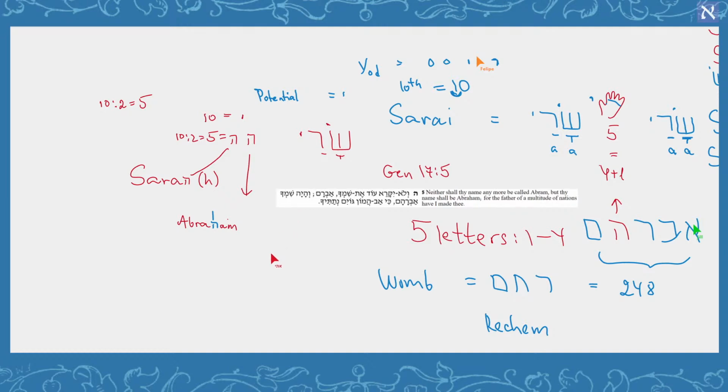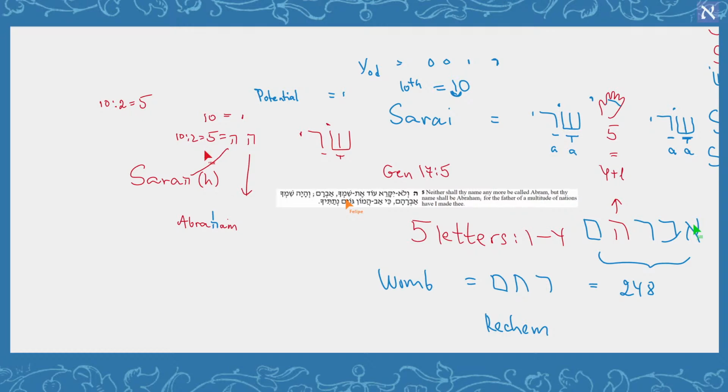Now I will make the letter Hey, the fifth, like H in English. So God, via his conversation with Abraham, is telling him this letter Yod is only the potential. We need a manifestation. How do we create a vessel for Sarai?